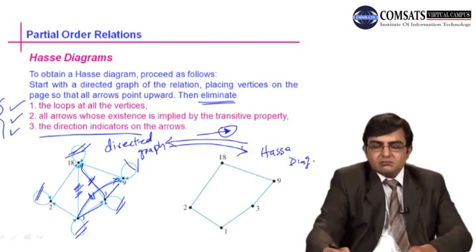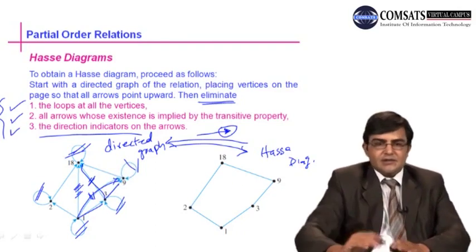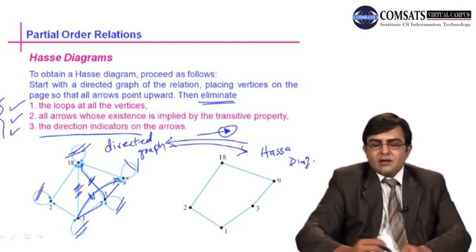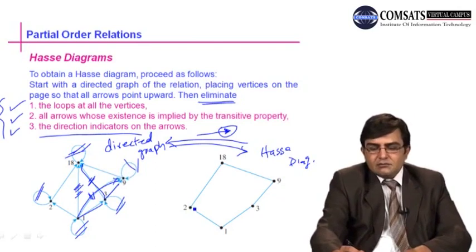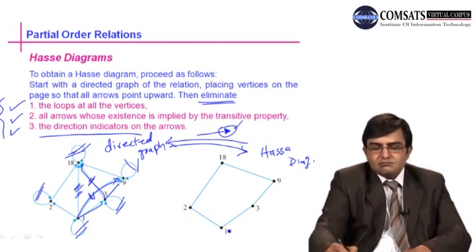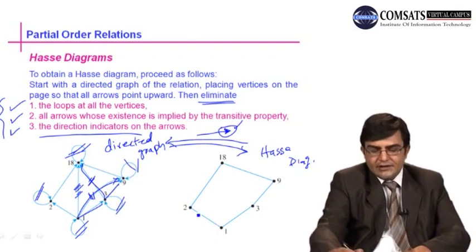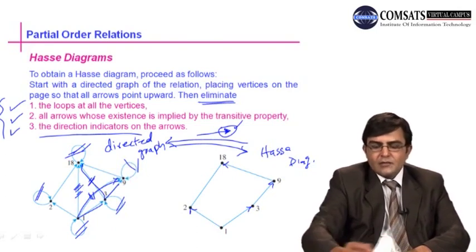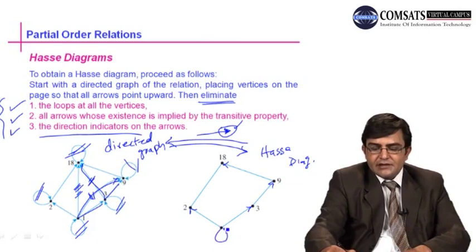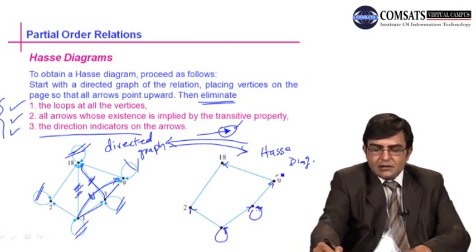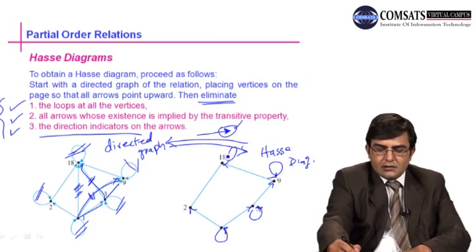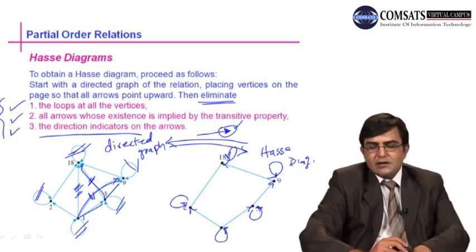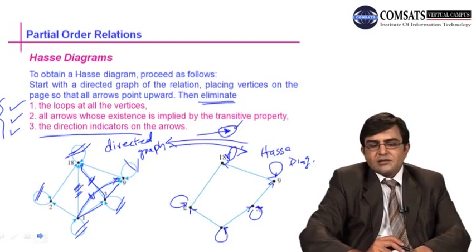First of all, basically reverse this process. How to reverse? Mark the direction indicators for the relations which are related, and construct the loops at each element, this, this, this, this, this, and then construct or draw the arrows which show the transitivity.